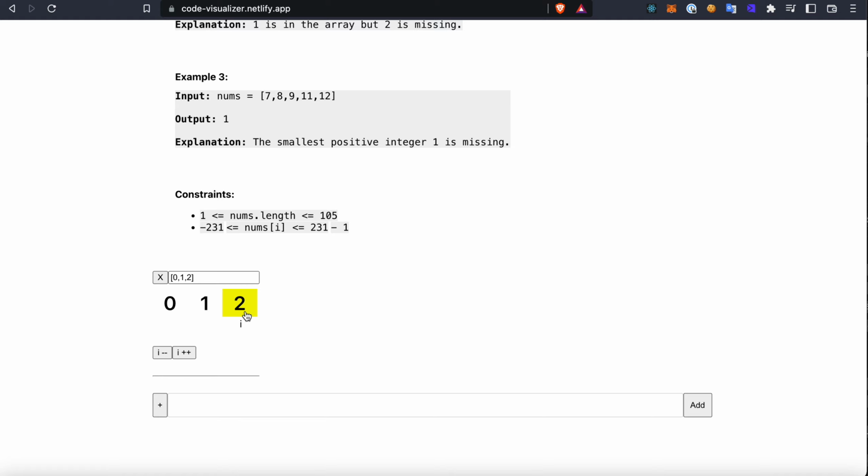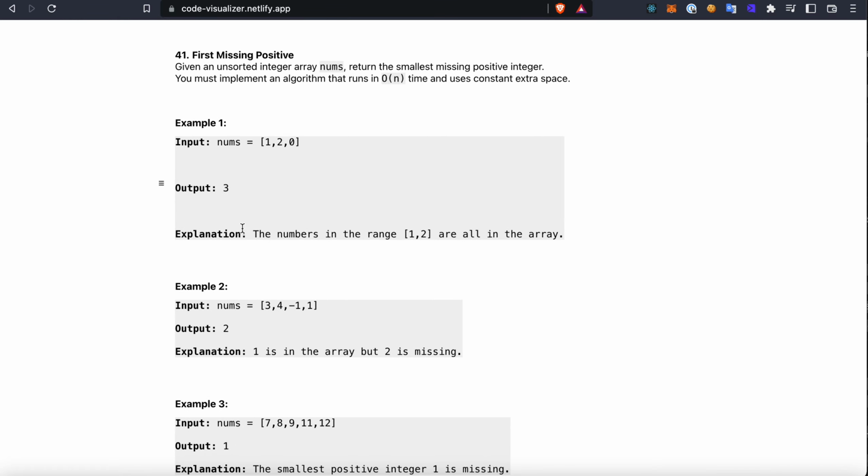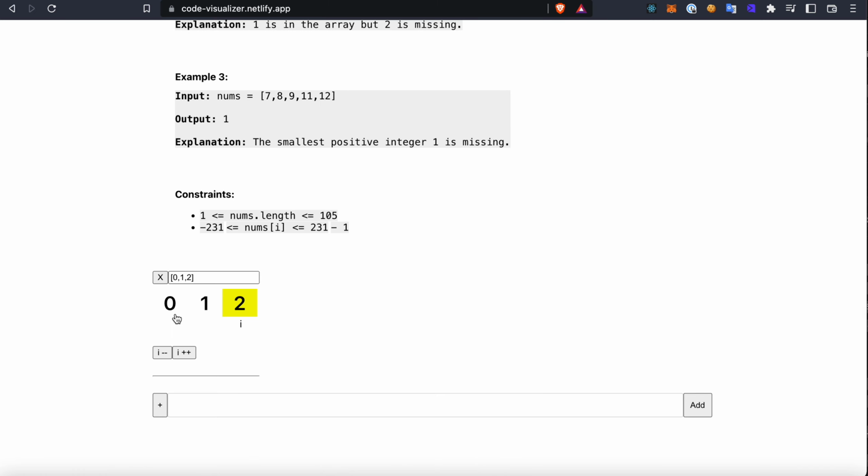The next question then is looking at the problem, first missing positive number. The problem with doing 0 index is that 0 is not a positive number, so this isn't really helping us with sorting things in a contiguous fashion. What we actually want to do is 1 index.